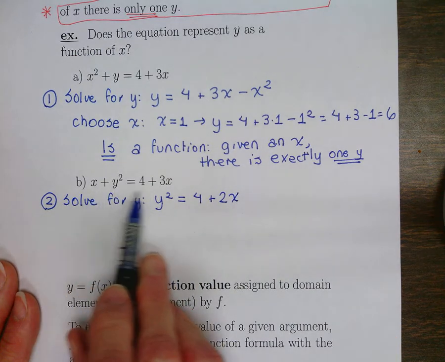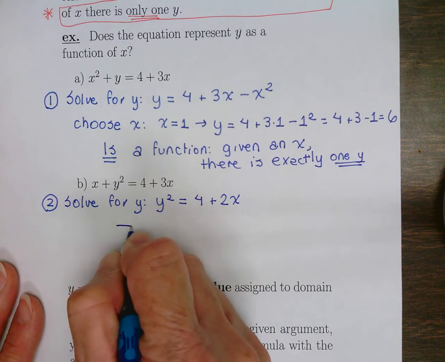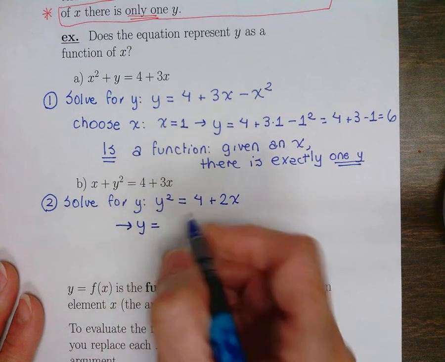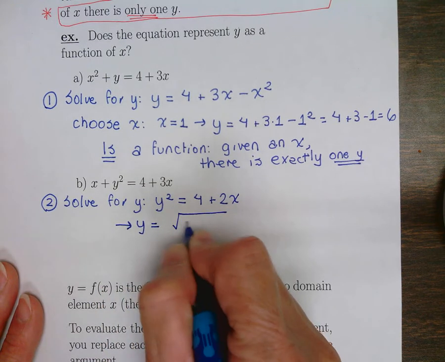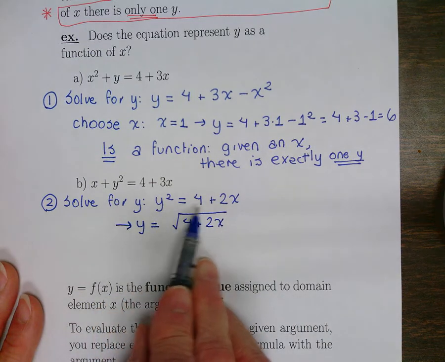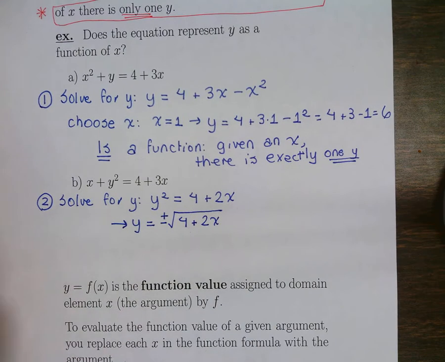Y squared equals 4, subtract x from both sides. Okay? And then I have to take the square root of both sides to solve. And remember, when I take the square root, because it's an equation, y squared equals this quantity, I have two options, plus or minus the square root.